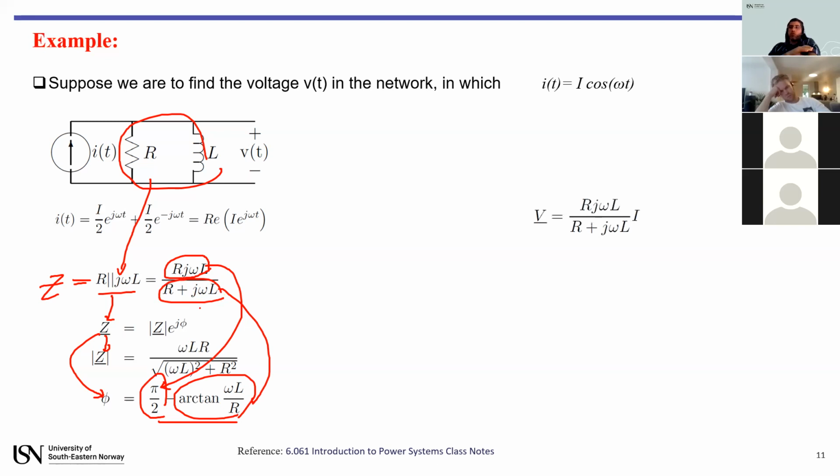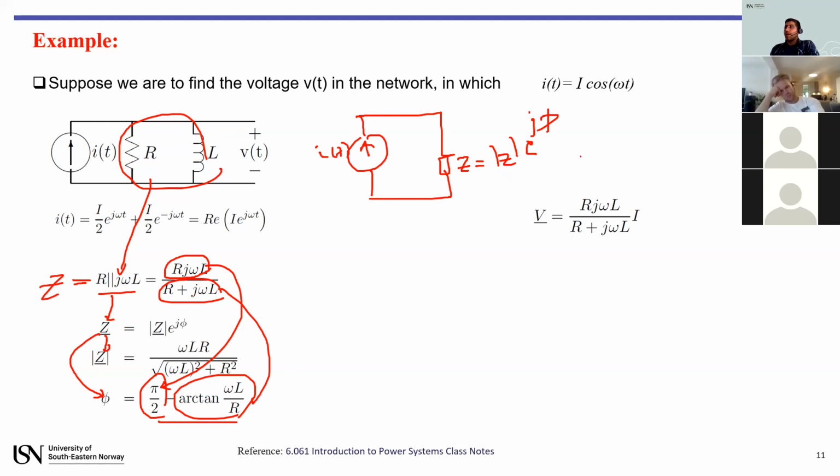So when you can write this equation for the impedance, you have a simpler power system. You have the voltage source, you have the current source, and an element that is Z with an amplitude and exponential j phi, the amplitude and the phi.